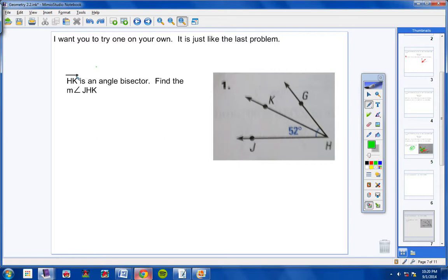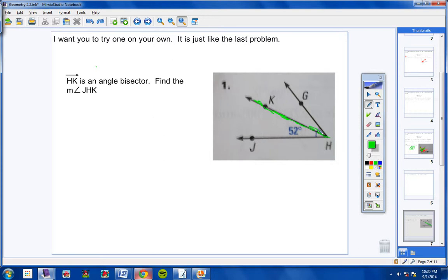First of all, we notice that ray HK is an angle bisector. And so this ray right here is an angle bisector. Now what that means is this ray is cutting this big angle in half, okay? Now notice 52 degrees is written in blue, okay?